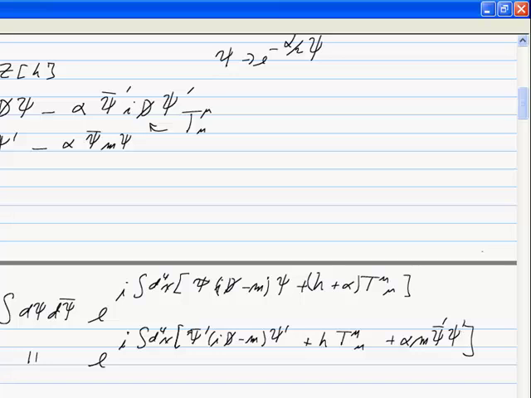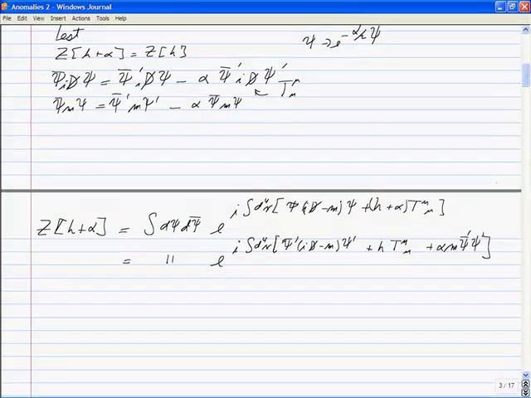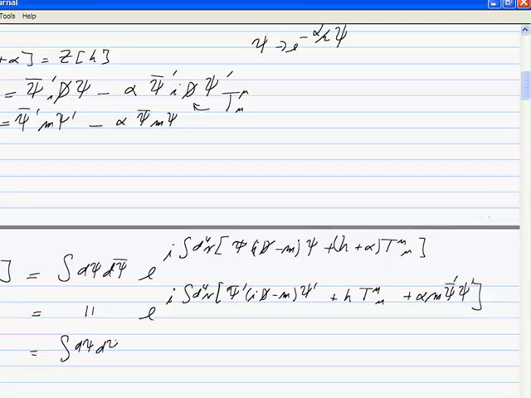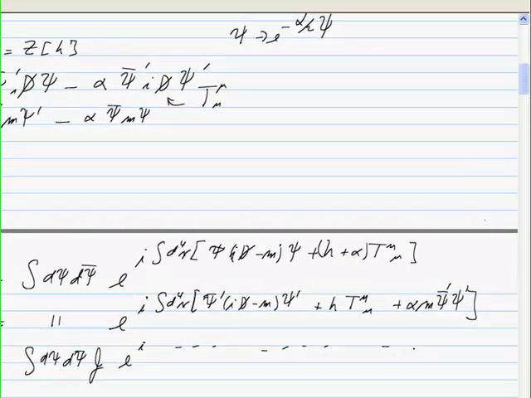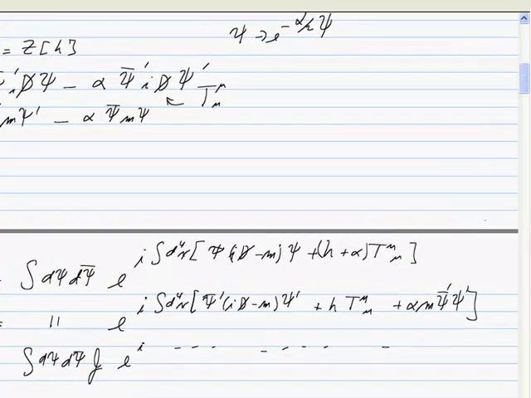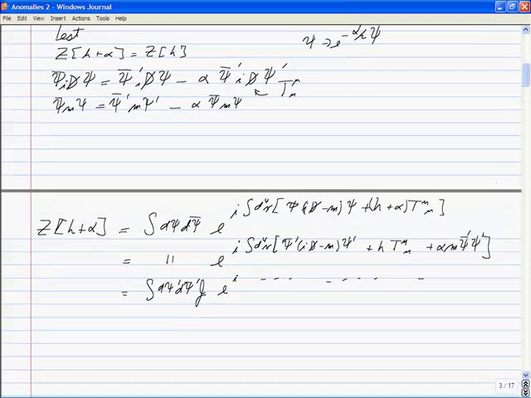Then we write this as the integral d psi bar d psi times the Jacobian times the same stuff back again, e to the i dot, and those are the primed fields.